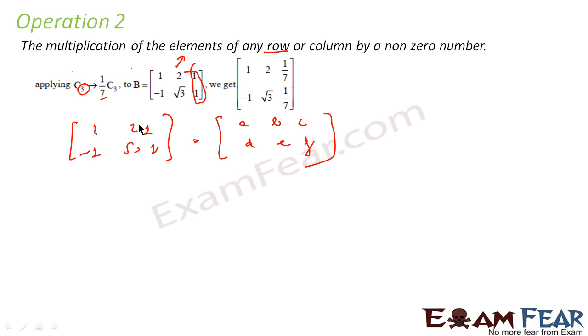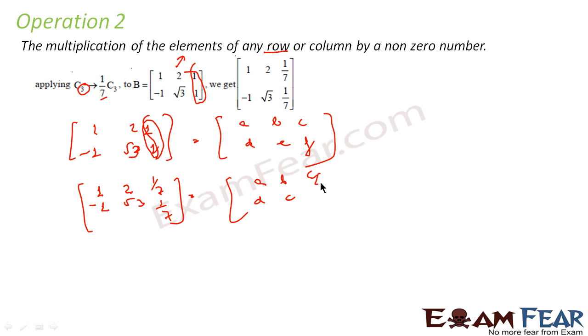So I'm multiplying all these numbers by 1 by 7. What I'll get here is 1, minus 1 will be the same, 2, root 3 will be the same, this becomes 1 by 7, and this becomes 1 by 7. Correspondingly, on this side A, B, D, E remain the same, but this becomes C by 7, and this becomes F by 7.